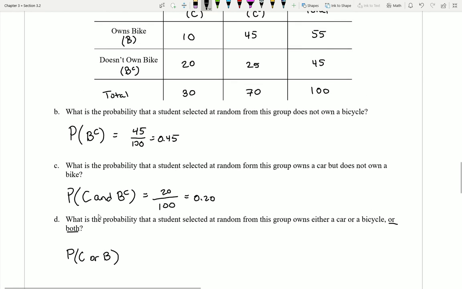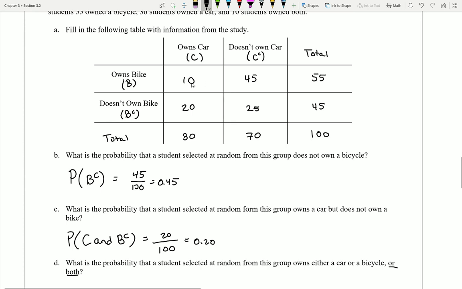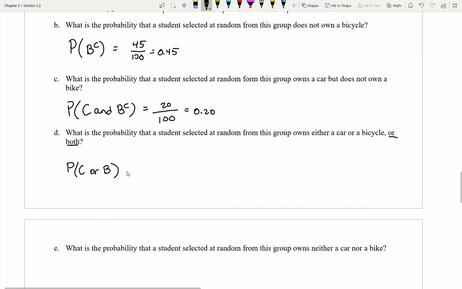We had rules for or that we talked about previously in this section. One of the things I would want to do is to figure out, is it possible that someone could own a car and a bike at the same time? Well, looks like it. There are 10 people that can do that. So I'm going to use that general addition rule, which said find the probability of C, find the probability of B, and then subtract the probability of C and B at the same time.